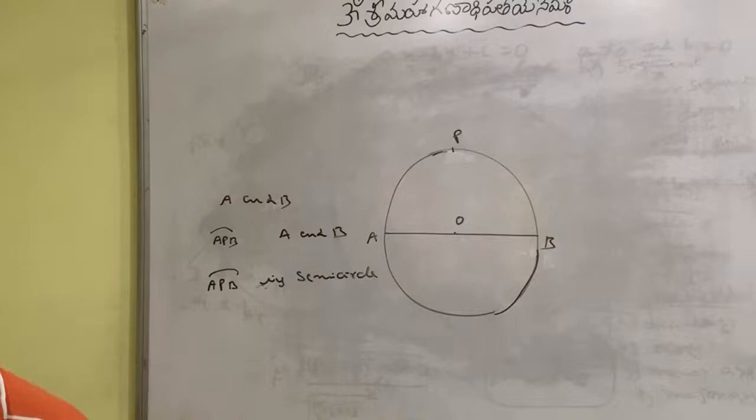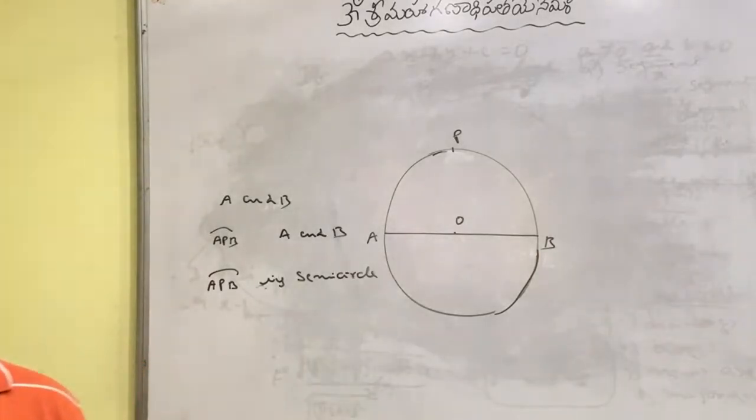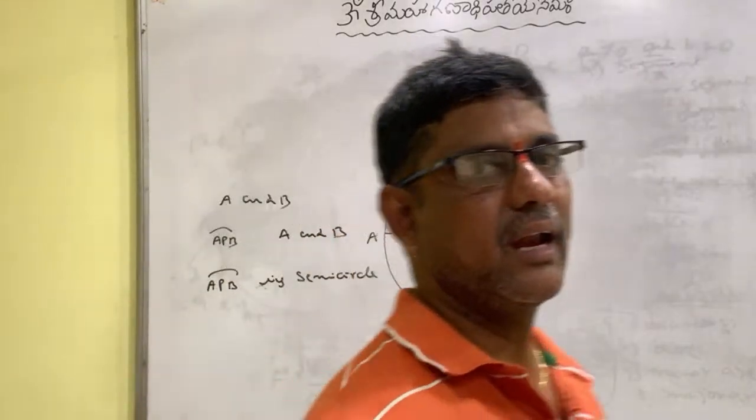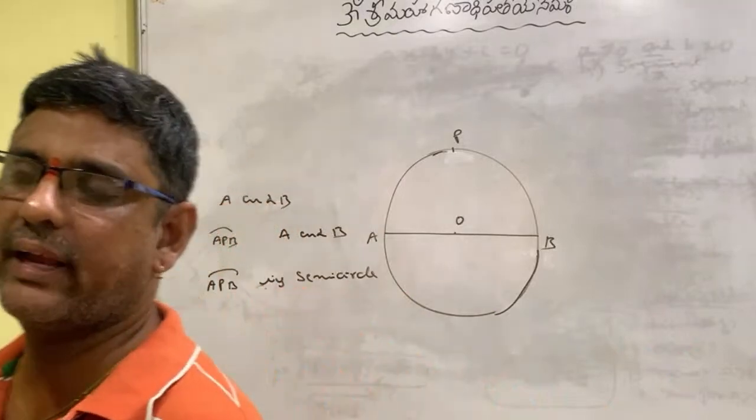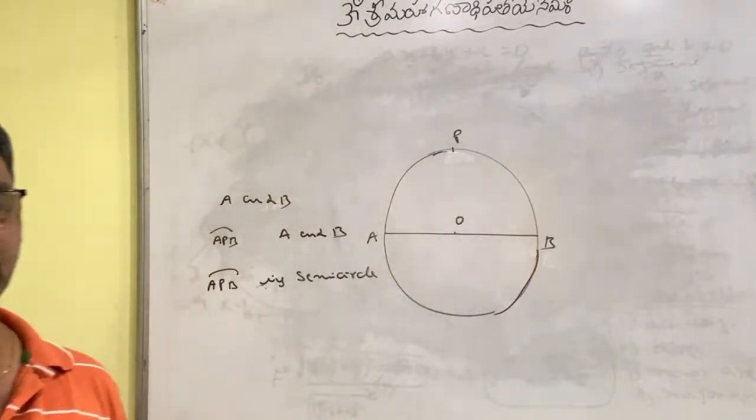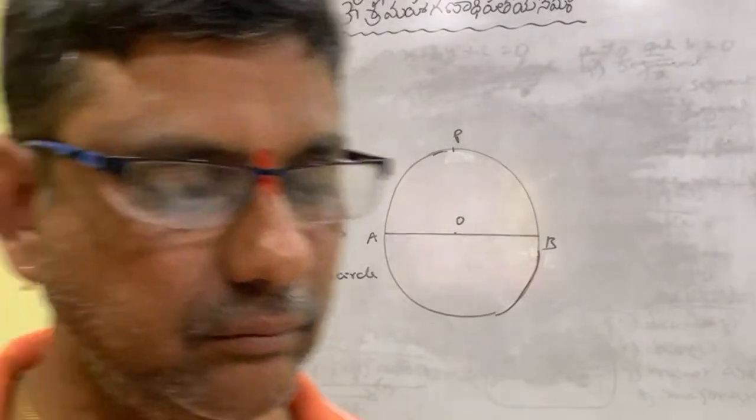Everyone wrong. Its corresponding chord, correct. Don't just say chord. It is the region bounded by an arc and its corresponding chord. Correct. You have to write corresponding chord over there. Now next. A circle divides the plane on which it lies into dash parts.